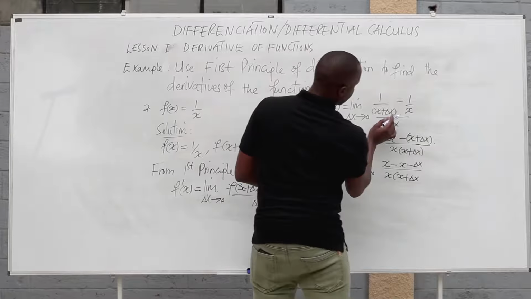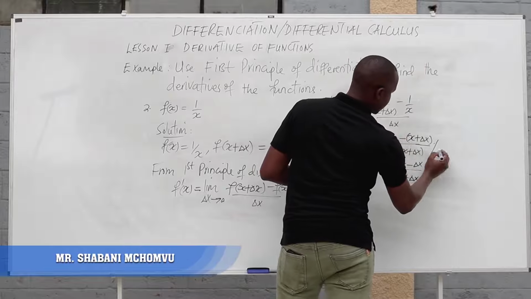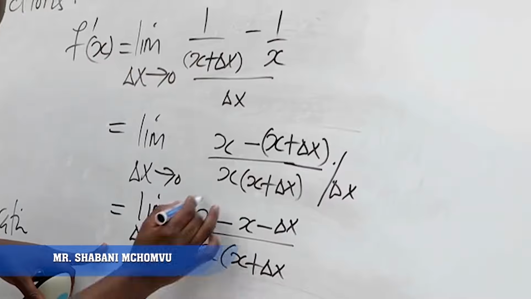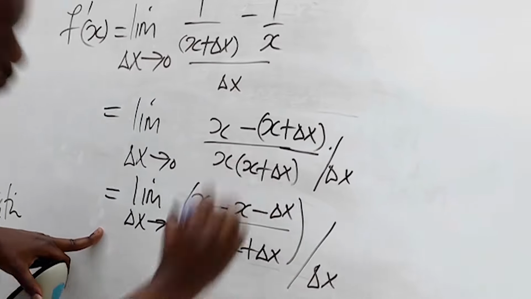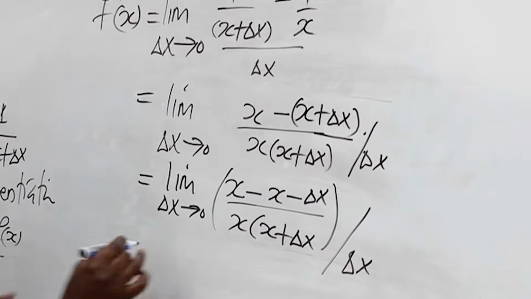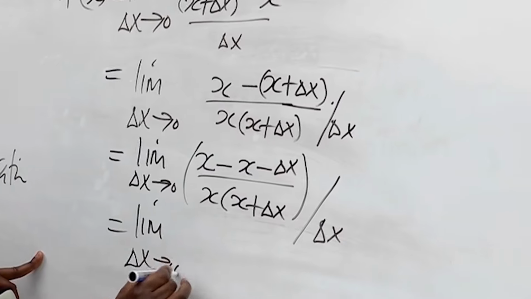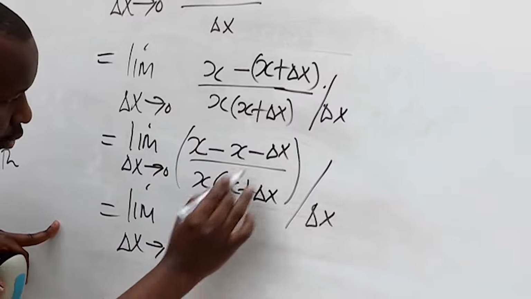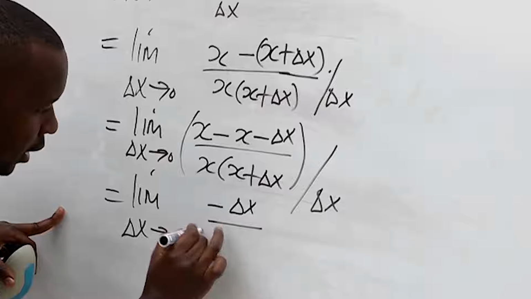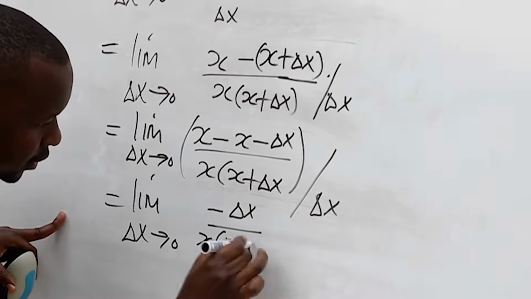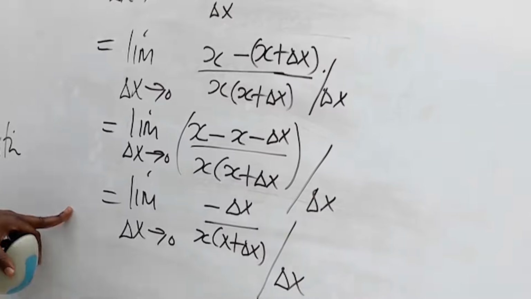And now remember, this was the numerator expression, but all these we divide by the change in x here. So all these, remember, we divide by the denominator change in x. So that's how it becomes. So here, it becomes the limit as change in x approaches 0. The x cancels out, so we remain with negative change in x over x, then x plus change in x, and now all these we divide by the change in x.